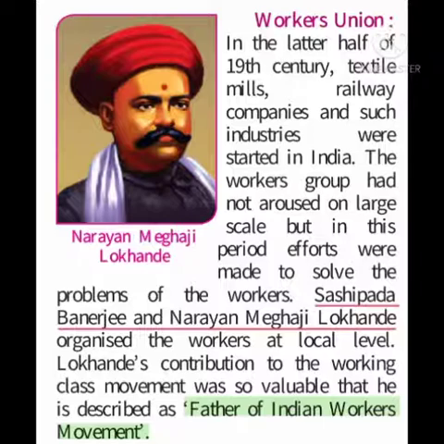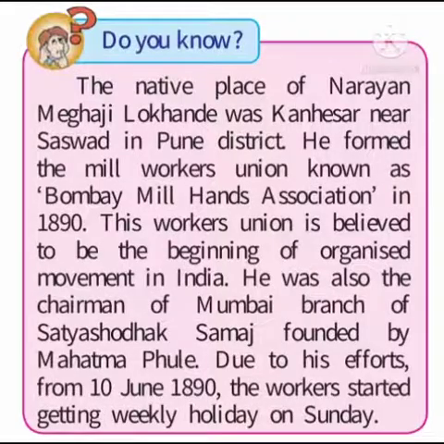He had also formed the Mill Workers Union known as Bombay Mill Hands Association in 1890, and he was also the chairman of Mumbai branch of Satya Shodhak Samaj founded by Mahatma Phule.